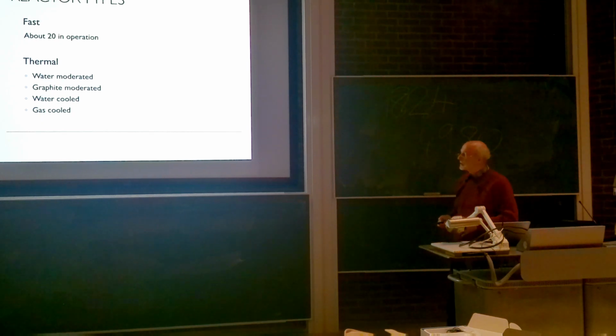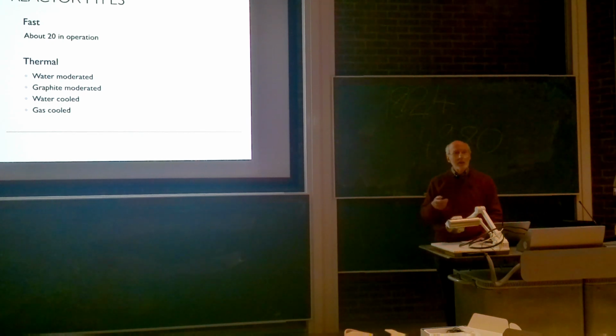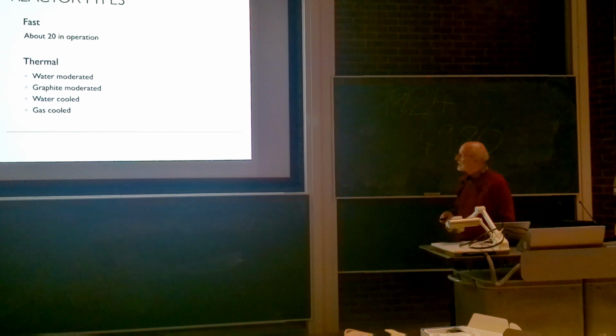So there is a source for that. And heavy water moderated reactors have been produced around the world. Also, you have to cool them. And so water and gas cooled reactors are common, but there are some others, and we'll come on to mention two of those a bit later on.